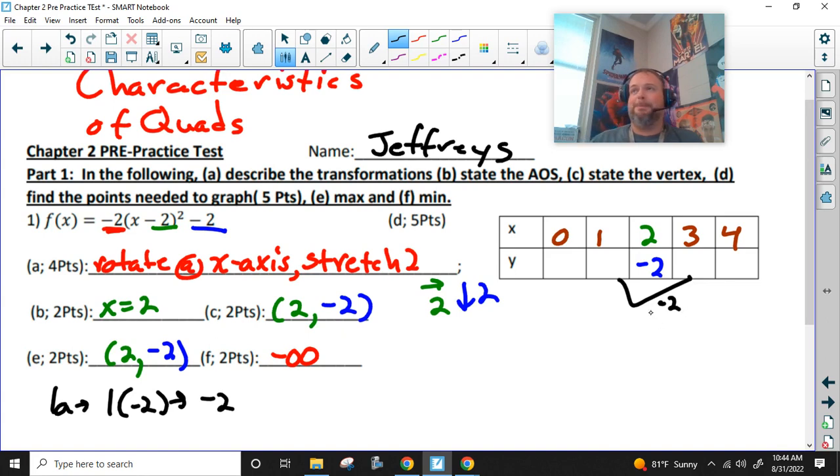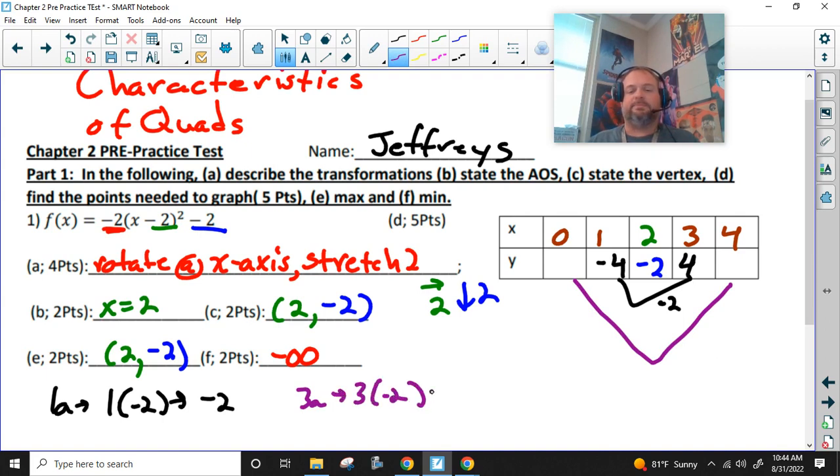So negative 2 minus 2 is negative 4. This is 3a. So this is negative 6. So from here, I subtract 6, I get negative 10.